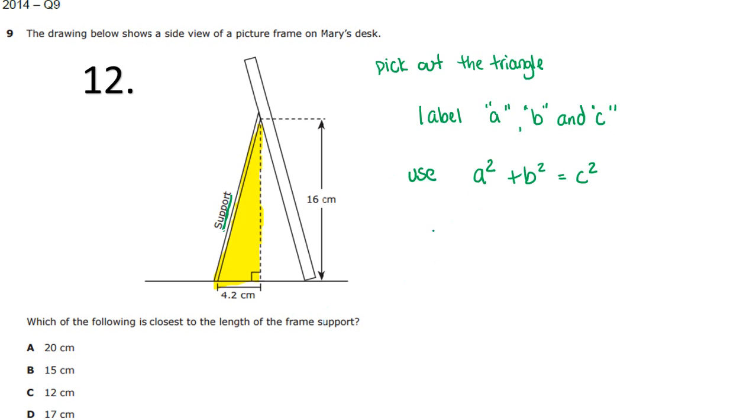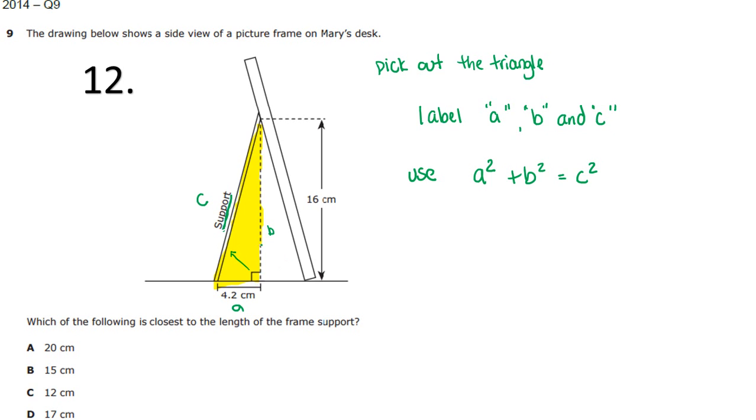Our A here is a short side, so this can be our A. Our B isn't quite as obvious. If we take a look at this side, which we have labeled as support, and this side, which is a dotted line, the one that's longer is the one that's slanted, and it's also the one across from the 90-degree angle. So this has to be our C, which means this has to be our B.